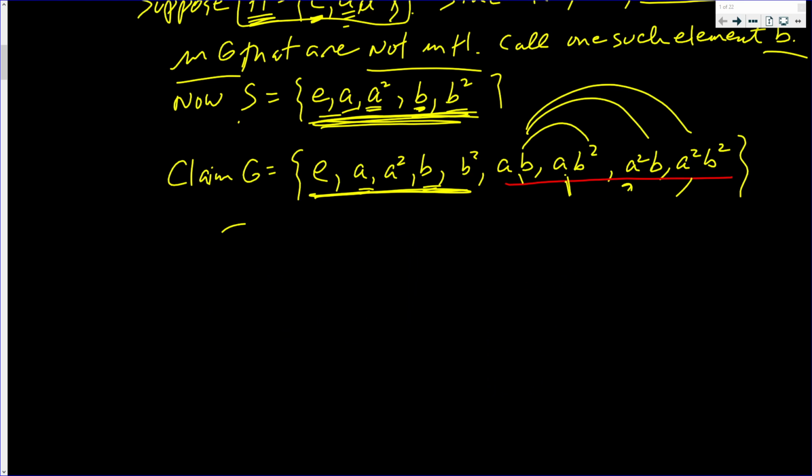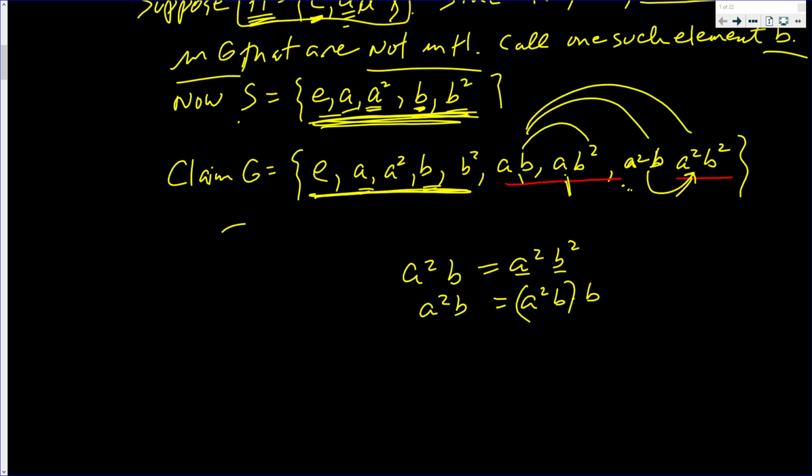Now let's deal with A squared B, excuse me. So I just have to show that A squared B equals A squared B squared is a problem. Well, the right side is A squared times B times another B. I'll bracket up this way. And the left side I'm not touching.